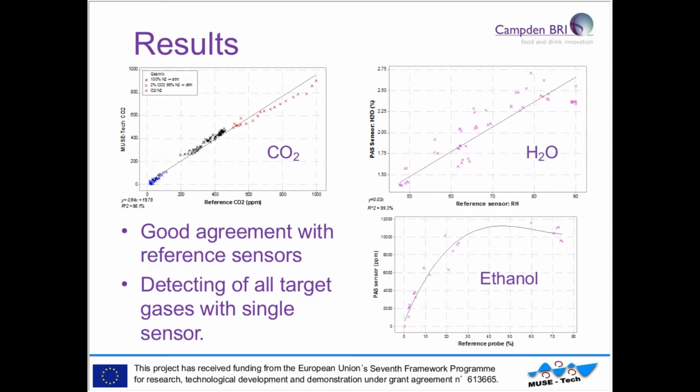There's some scatter, so it's not necessarily a perfect thing, but it is sensitive to all 3 of those gases, and this is one single sensor that's able to measure all of the gases together rather than having to use 3 different ones. The ethanol here you see saturating, but these reference tests were done at very high concentrations of ethanol, way above what you'd actually see in a prover.